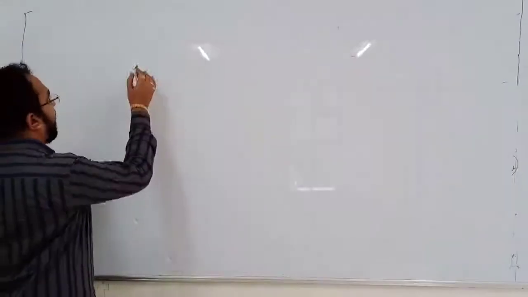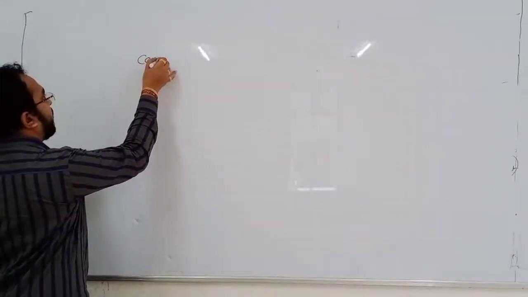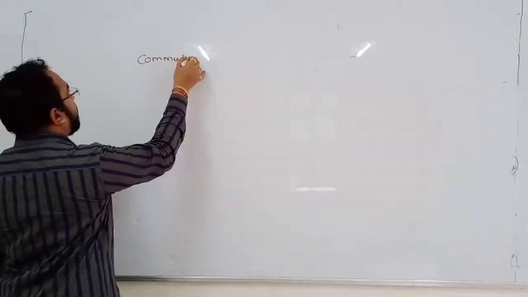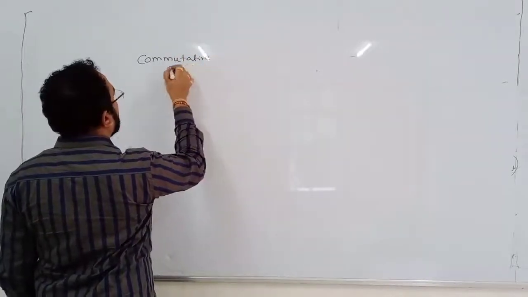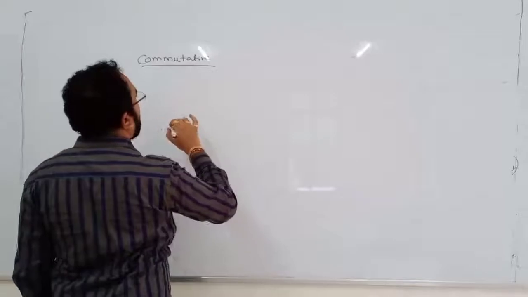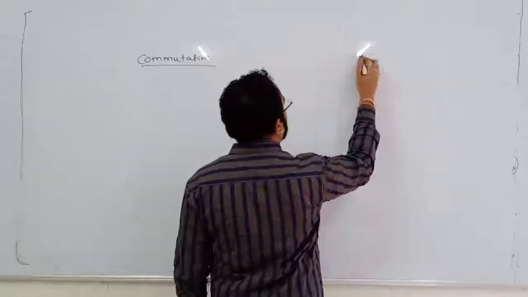So these two we'll see and we will stop here. Commutative and associative.